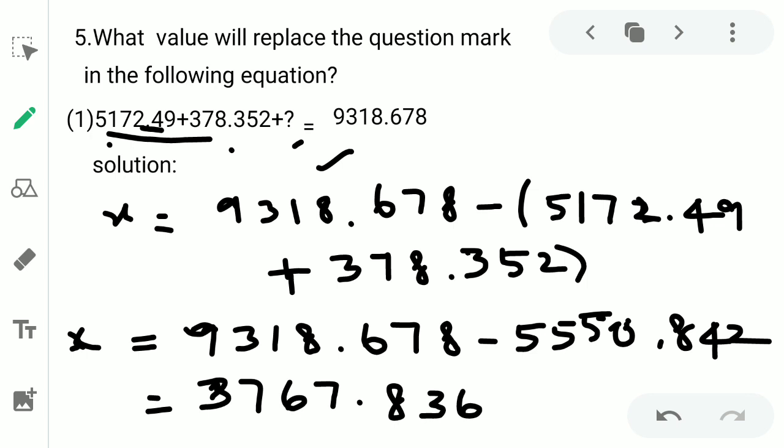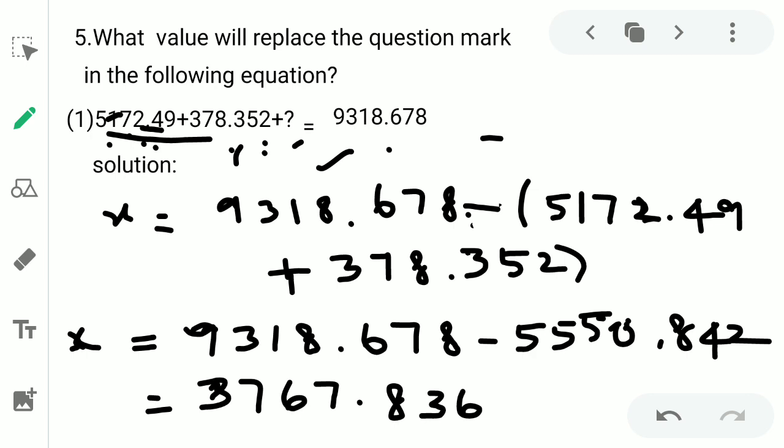Which method will you use? First you can add these two numbers and then bring the result here and subtract, or you can take all these numbers here and then subtract. So this is the question: the whole bracket minus.